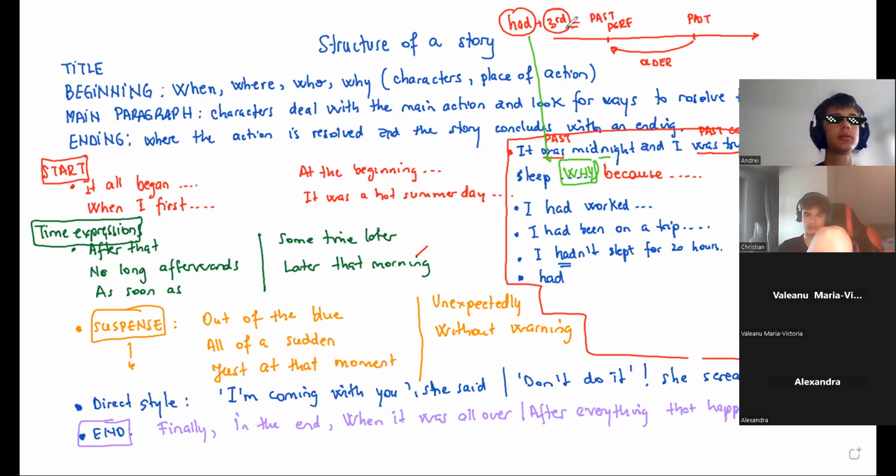Da, dar ai nevoie de had și mai ai nevoie de forma a treia. Had thrown a party. Very good. Alex, vreau și eu. Had a party. Pentru că, because așa.